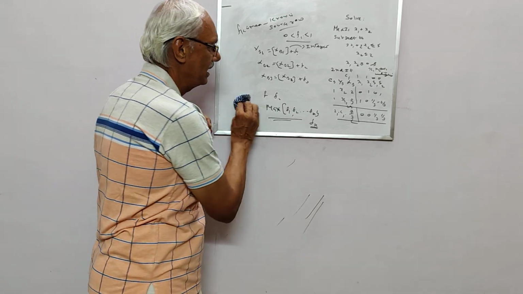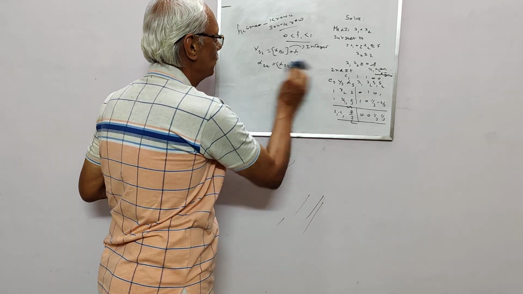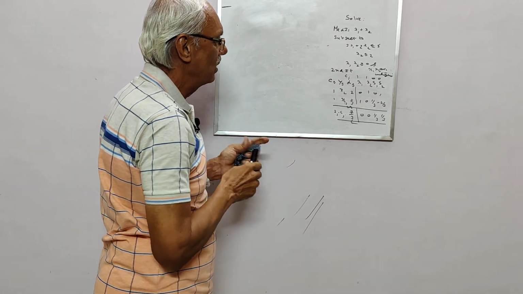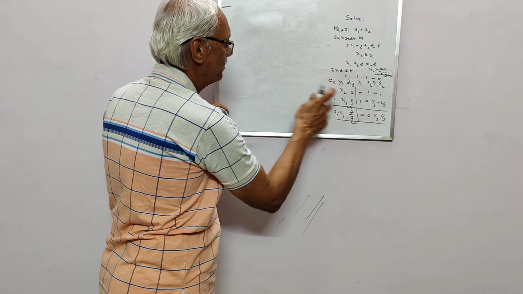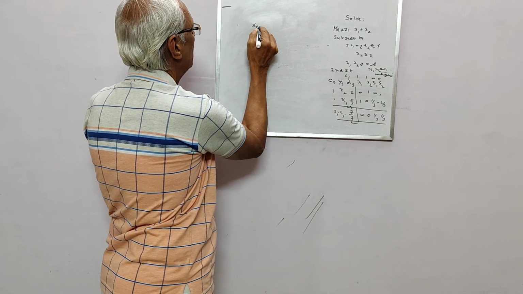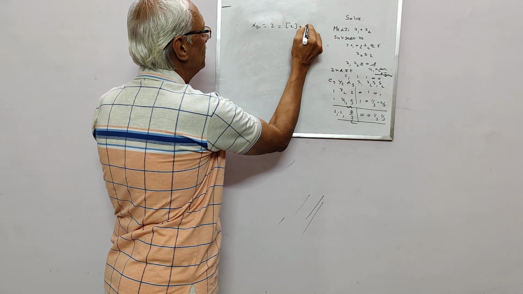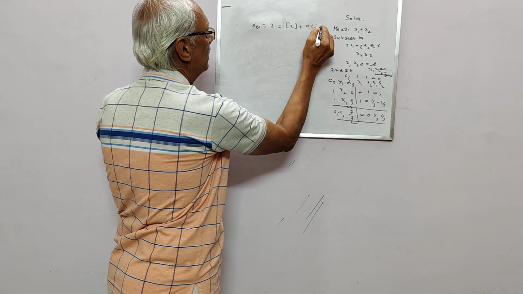Now let us come to the problem. This problem is simple, therefore you will not find it difficult. What is your xb1? xb1 is 2. So 2 can be written as 2 integer plus 0 fraction.